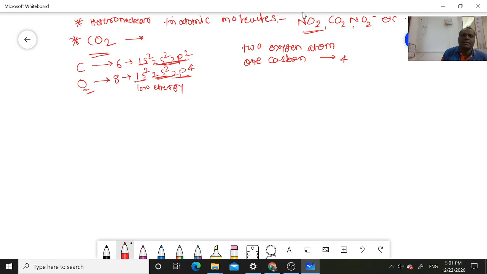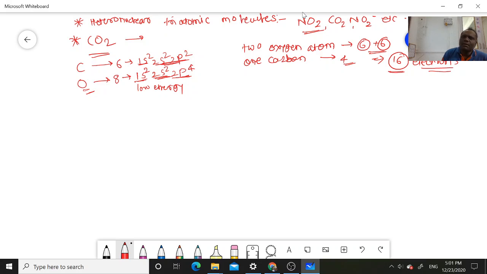So 6 plus 6 is 12, plus 4 is a total of 16 electrons involved in the molecular orbital diagram of this CO2 molecule.